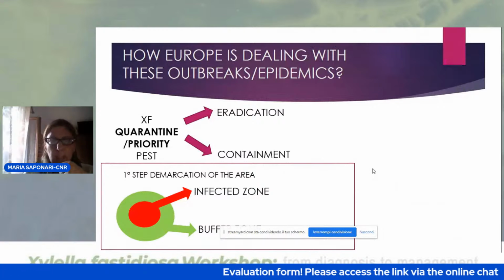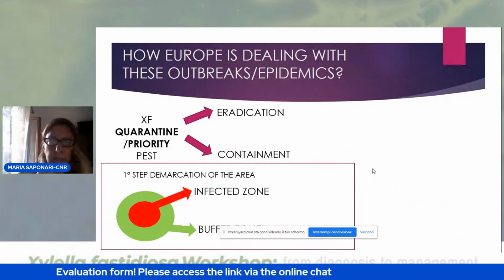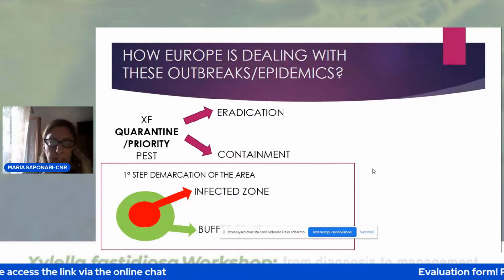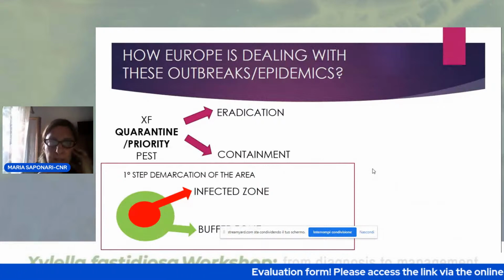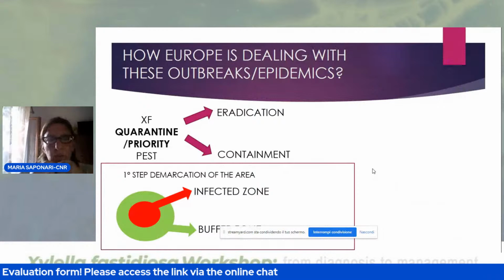So the first action when an outbreak is identified at European level is the so-called demarcation of the area. The phytosanitary authorities delimit an infected zone, which is the area that includes all the infected plants that have been found.